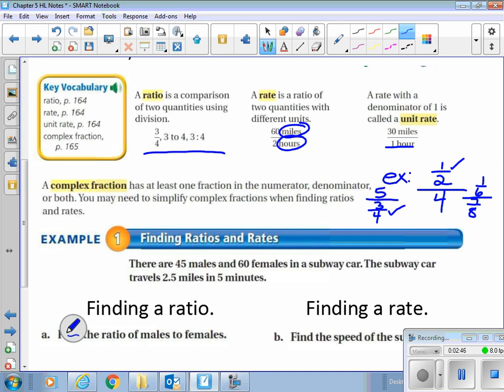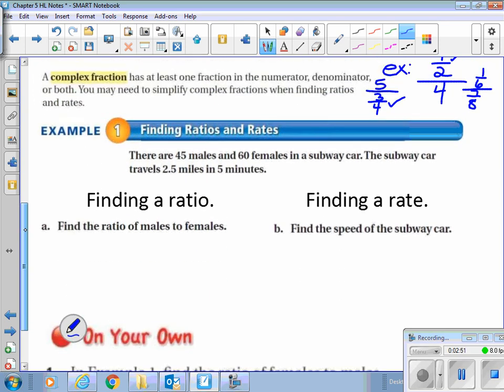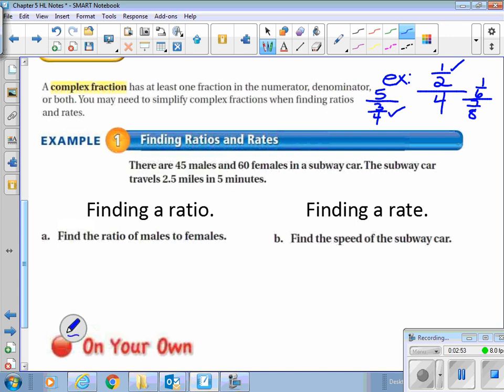So the first example we're going to look at is finding ratios and rates. It says there are 45 males and 60 females in a subway car. The subway car travels 2 5/10 miles in 5 minutes. Find the ratio of males to females. When you're writing it as a ratio, you're going to use exactly the way they want you to.